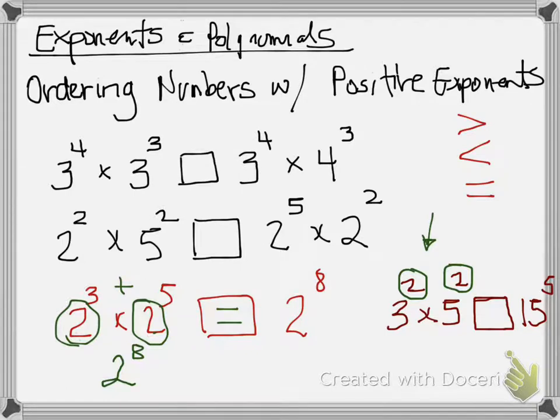So what that says is that I can multiply those together and raise it to that same exponent. So this would become 15 to the second. And so now I'm comparing 15 to the second and 15 to the fifth. Which one of those is bigger? 15 to the 5th. Yes, so the symbol would be this symbol right here.